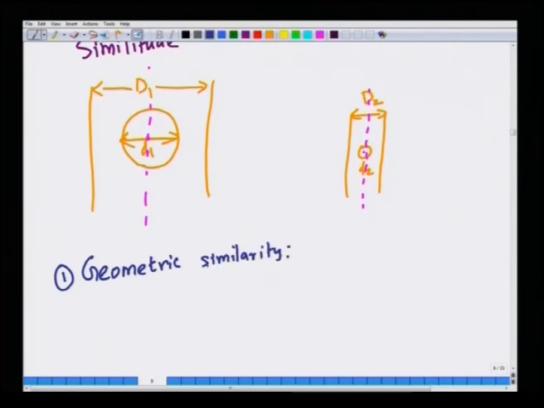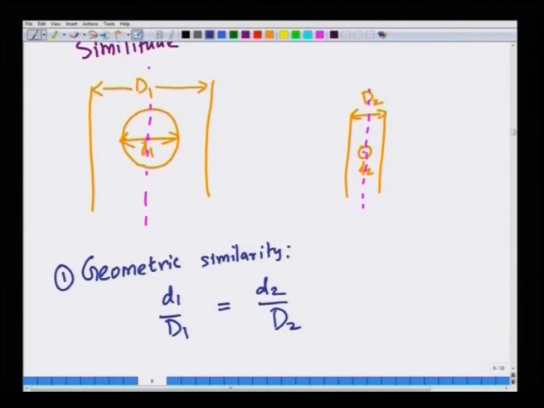By geometric similarity we mean that you should have a pipe here and a sphere here, you should have a pipe here and a sphere here. Not just that, but the ratio of d1 to D1 should be the same as the ratio of d2 to D2. Unless this happens, these two systems are not geometrically similar.